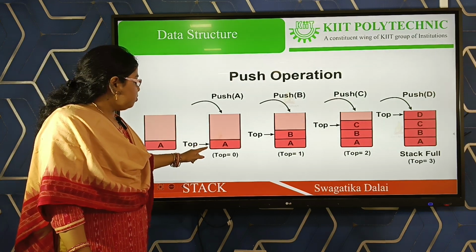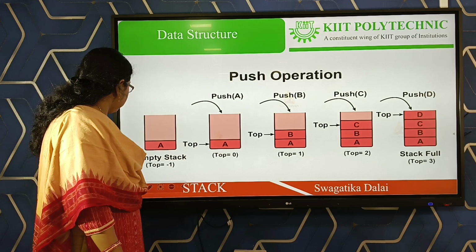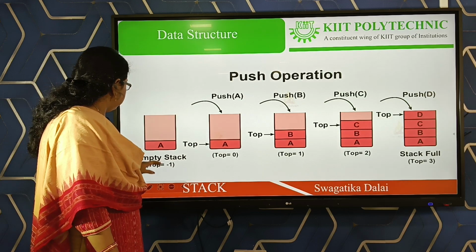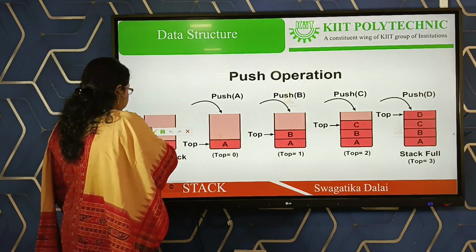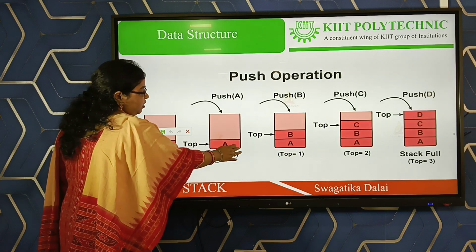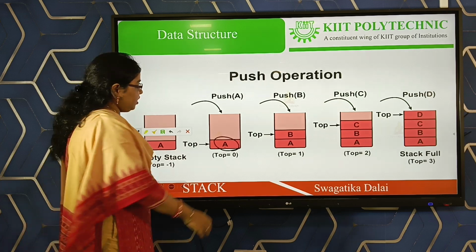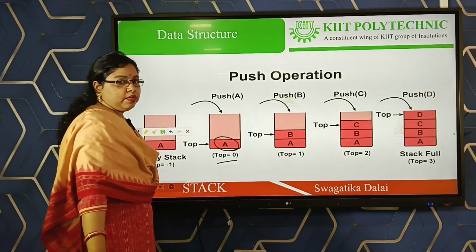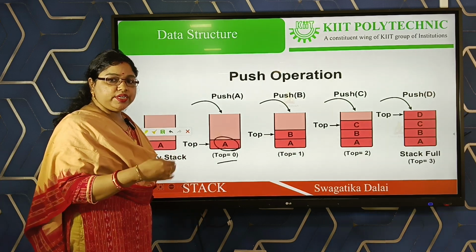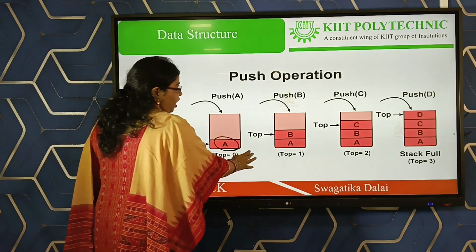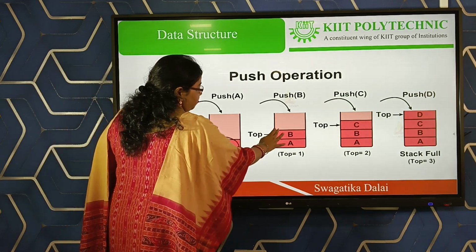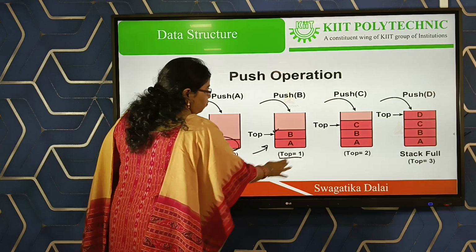Whenever we want to add an element, as here we have added the element A, then the top is 0. Previously it was -1, now it is 0. Again we have added another element B. Now the top is 1.